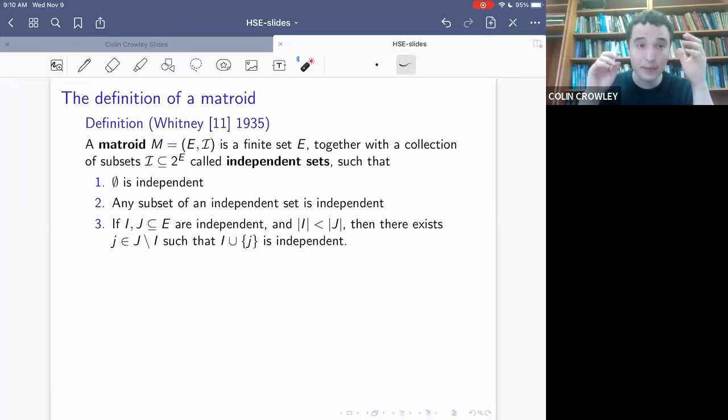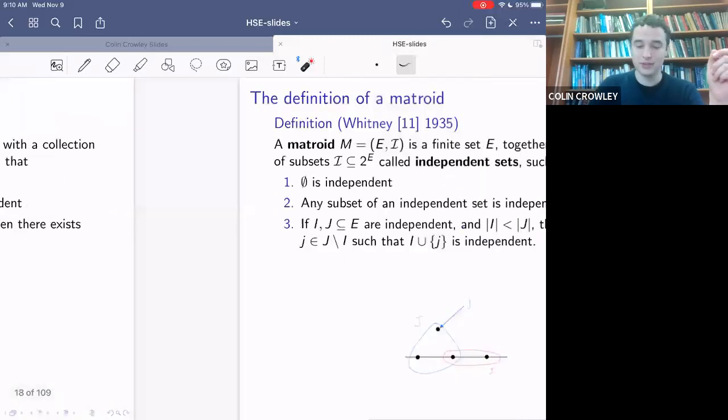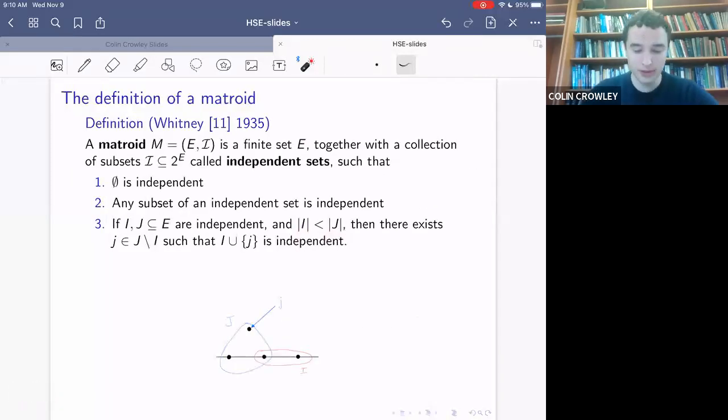It says that if I have 2 sets of points, I and J, and one of them is bigger than the other one, let's say I is smaller than J, then there must exist some extra element in J, such that if I add this extra element to I, the resulting set is still independent. And so this is a mouthful, so I've drawn a picture of what's going on here.